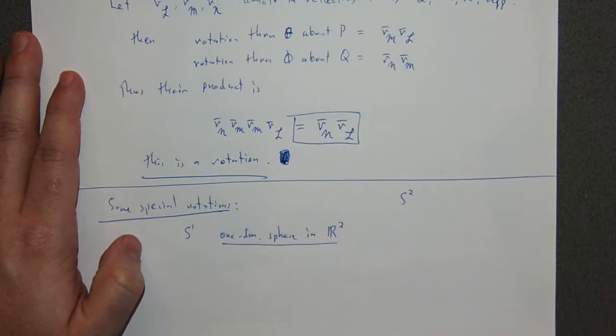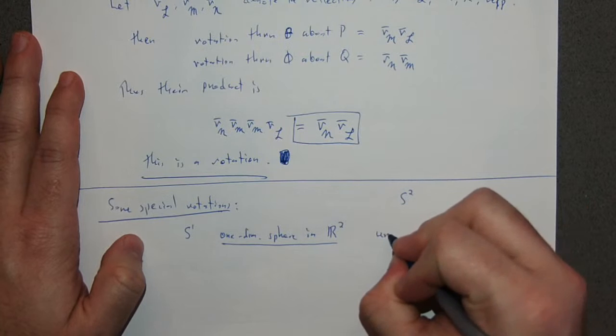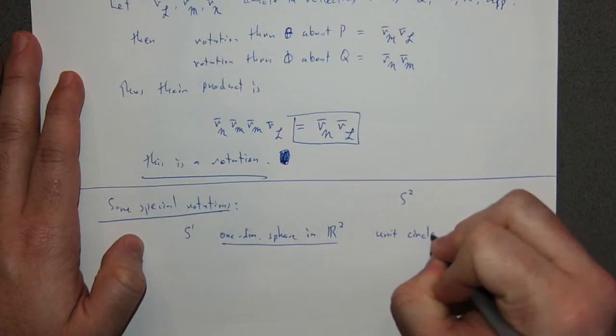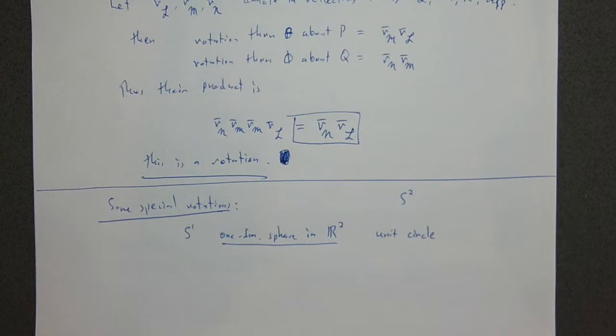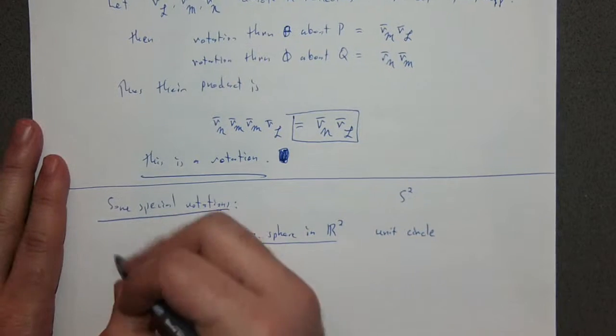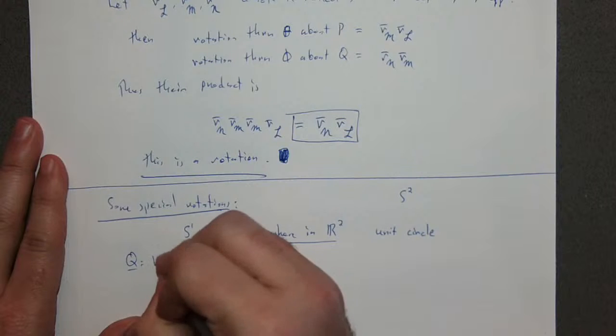What is this? Of course, this is the unit circle. It can be viewed as the unit circle, right? Of course, you can alter the radius of your sphere if you care. But whenever the notation S1, S2 is used, it's taken to be the unit sphere in that dimension. Okay, and so if we think about the unit circle, there's a question. What is the rotation group of the circle?